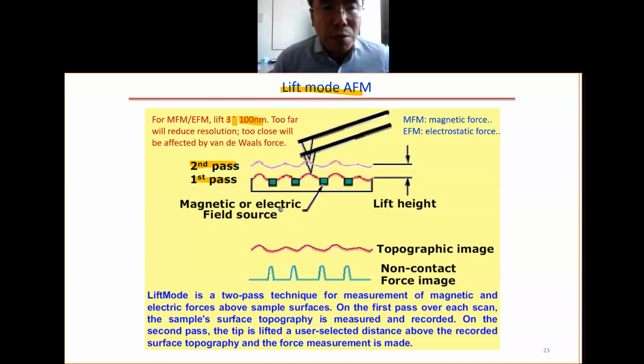When it is more than 10 nanometers, you can avoid the van der Waals force. In the lift mode, we no longer feel the van der Waals force and the contact force. What we feel is the non-contact force, including magnetic forces or electrical forces. Those forces will show up when you lift the tip 30 to 100 nanometers away from the sample surface.